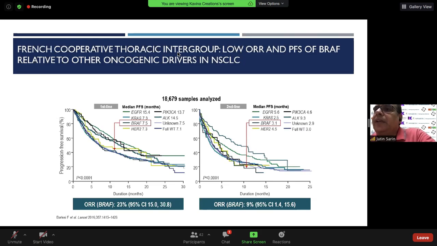So the same thing is shown out here. So very low overall response rate and very low PFS with chemotherapy. And in fact, this is though not true of BRAF mutant melanoma. I don't know what is the experience of the panelists.